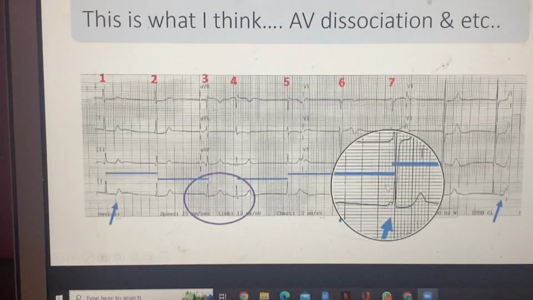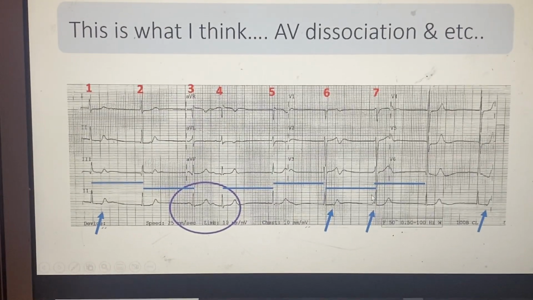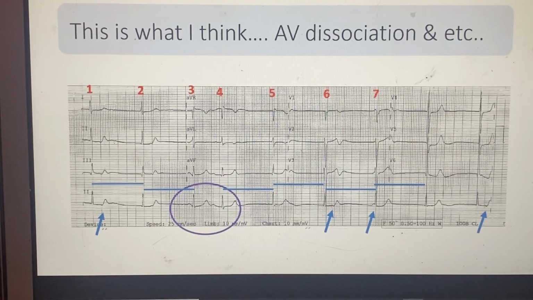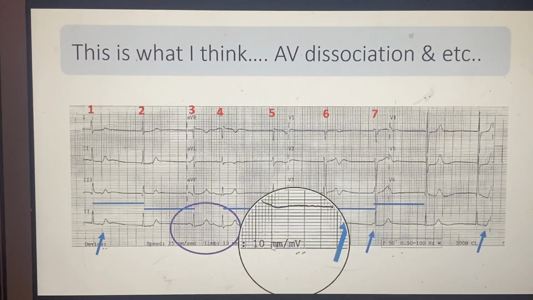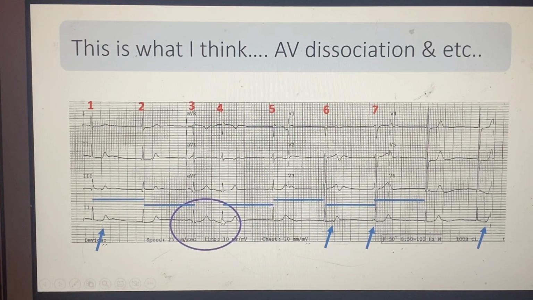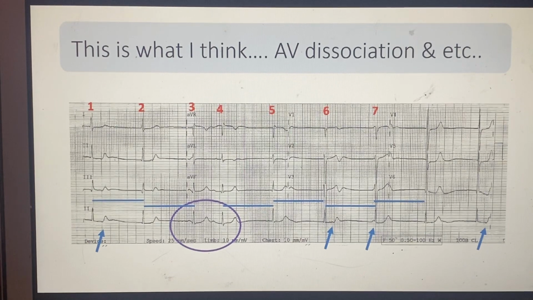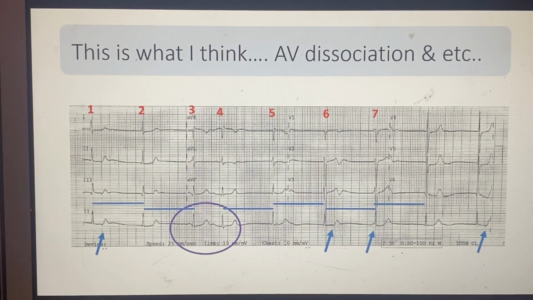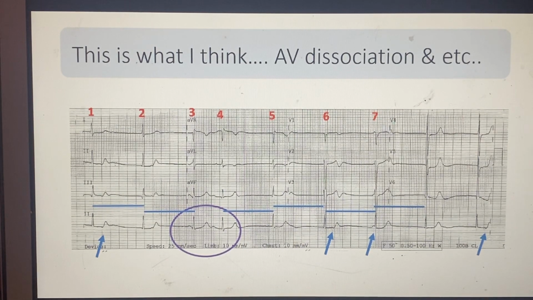This is more towards isorhythmic, where the sinus activity just happens to coincide with the QRS complex. But the one that is puzzling is the purple one, because I'm just wondering whether this is actually a sinus rhythm that managed to penetrate, which means that the SA node just suddenly woke up with one beat and then conducted to the AV node.